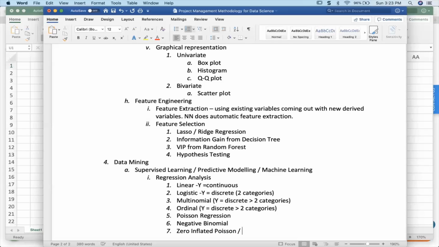This is what truly differentiates you from the rest. When you sit in an interview, everyone will speak about linear, everyone will speak about logistic. Where will you differentiate? By saying multinomial, ordinal, Poisson, negative binomial, zero inflated models. Those are very important. And why is regression analysis so important in the world we are living in?